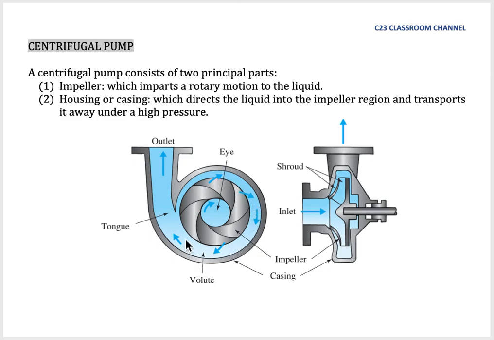Then at the big cross-section, the velocity will reduce and the pressure will increase. That's the idea of Bernoulli.